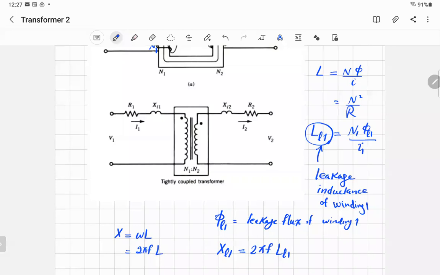And X_L1 is going to represent the reactance, and it will represent the voltage drop caused by the flux leakage in winding number one. And the same thing for the other side. So now we have Z. You can call this one Z1, and this one Z2.